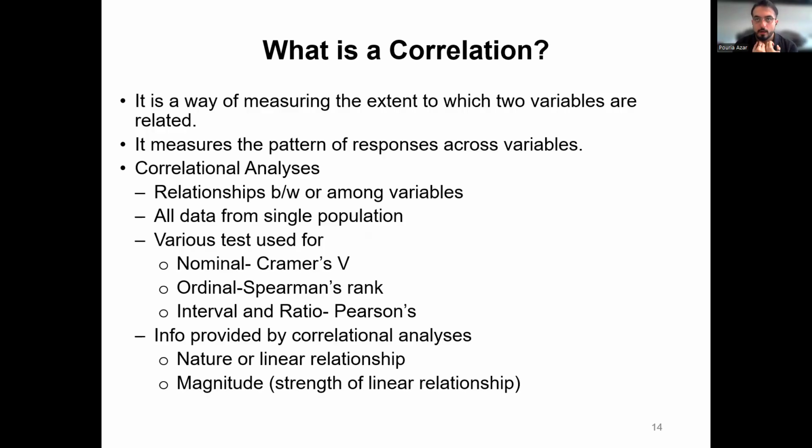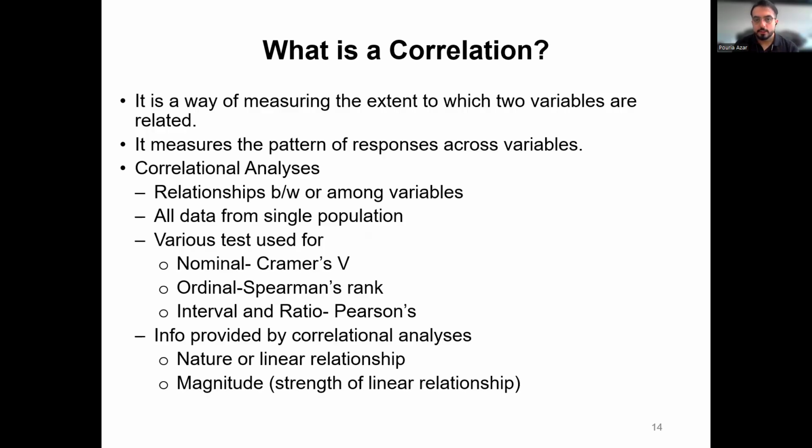If our variables are nominal, we can use Cramer's V, which shows correlation between two variables. If our data is ordinal, we can use Spearman's rank. If our data is interval and ratio, we can use Pearson's correlation.